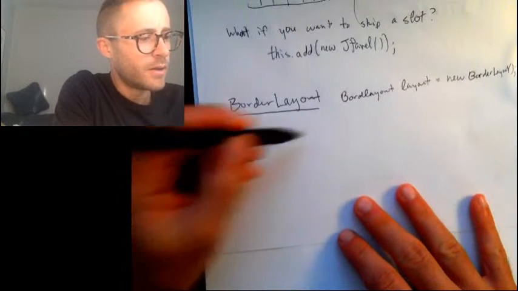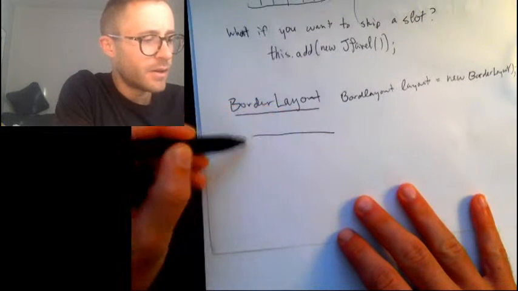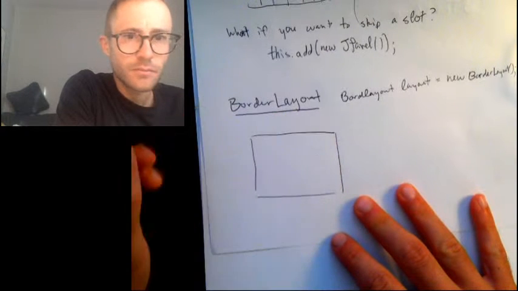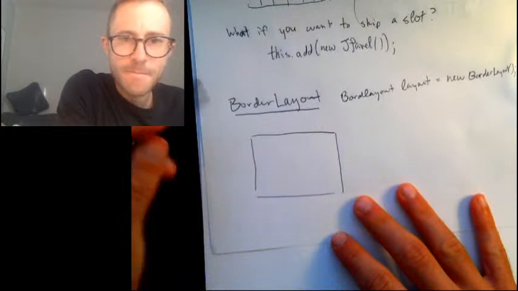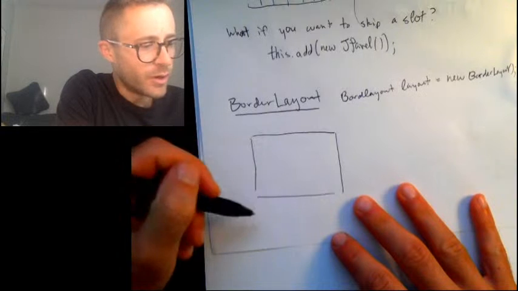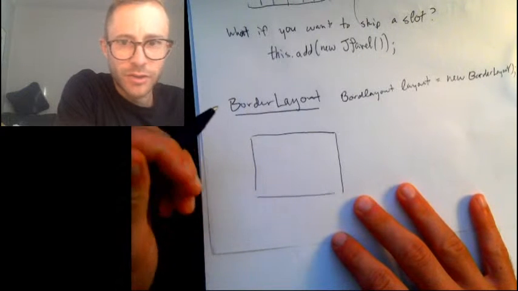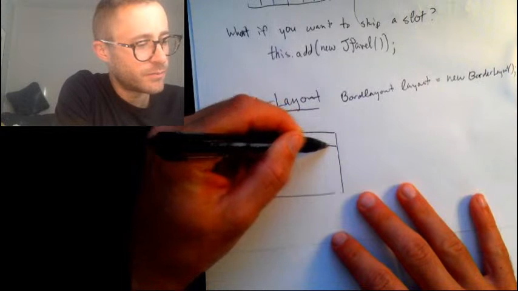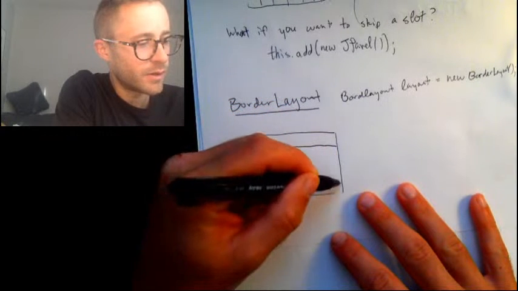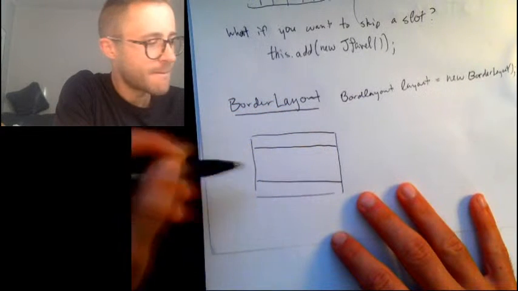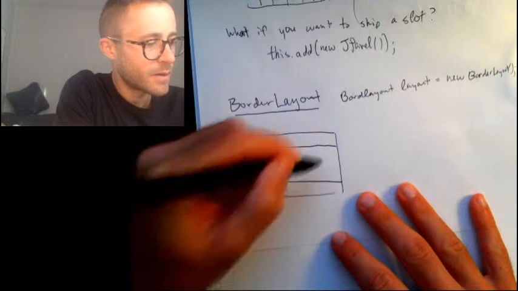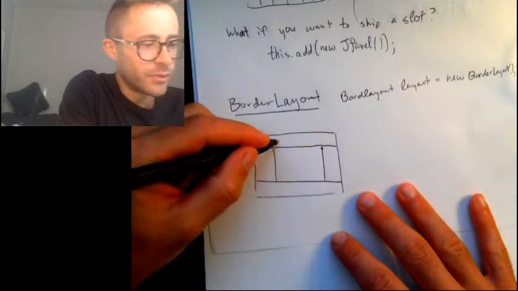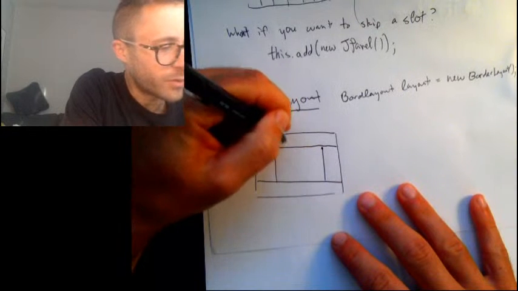So here is your window, and the border layout is going to divide that window into 5 regions that are kind of like this. This region is the north region.